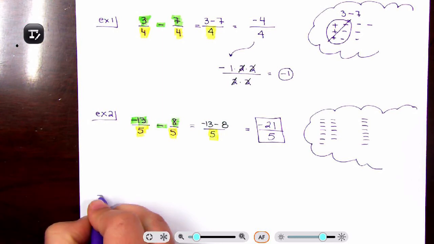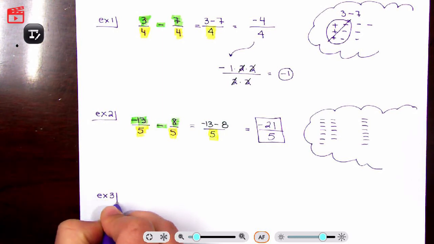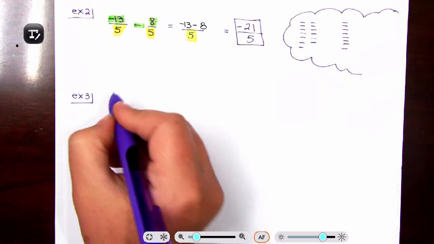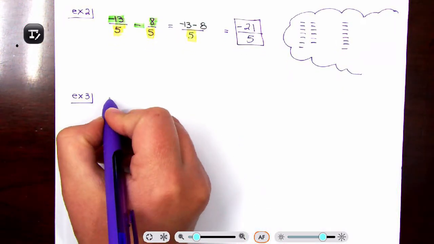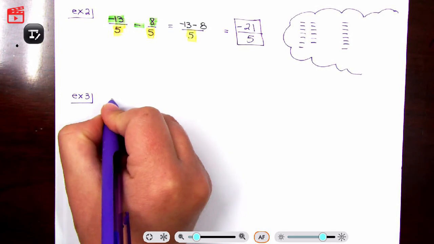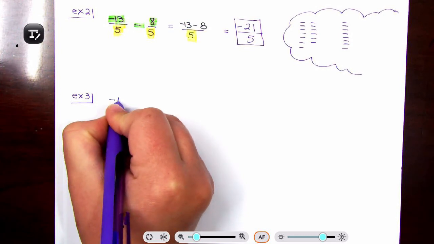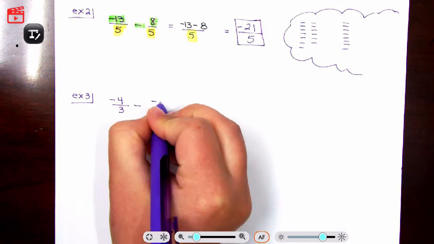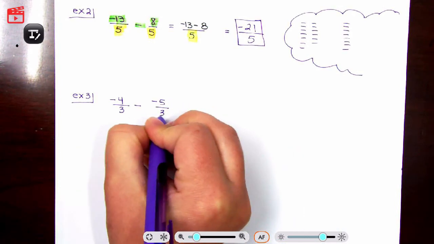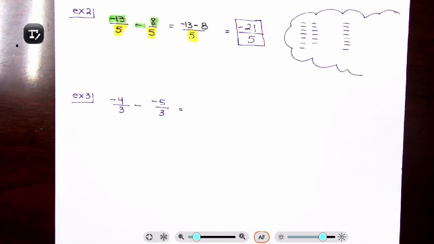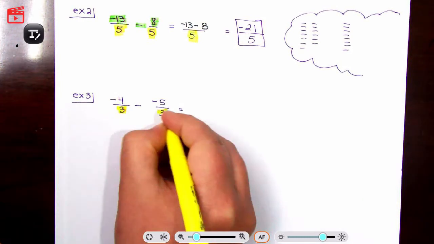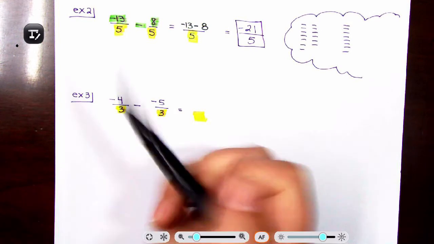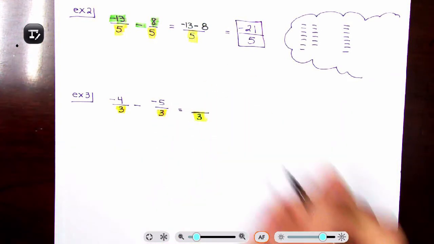Let's do one more example. So we have negative 4 thirds minus a negative 5 thirds. Let's take the denominator, copy, copy, copy. So we have 3 in the denominator.